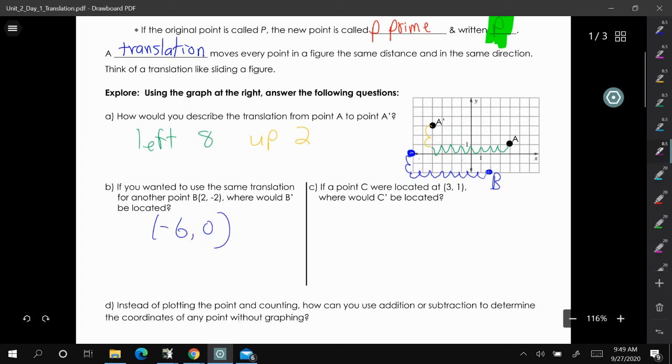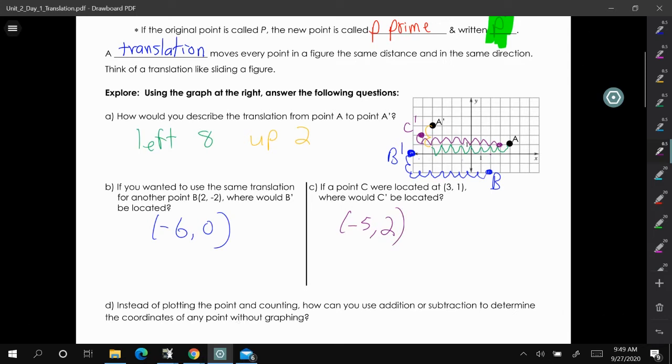And then for point C, if we start at 3, comma 1, and we go left 8 again, and up 1, our point would be here. And the coordinates of that point would be negative 5, comma 2.